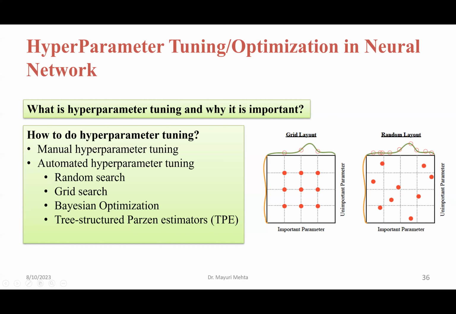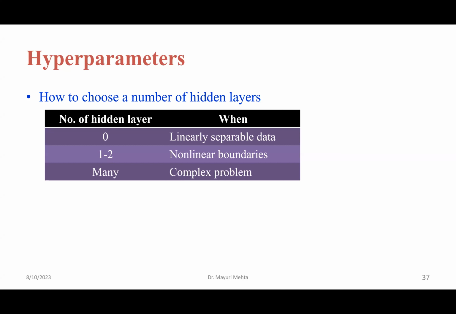One of the hyperparameters that changes the fundamental structure of a neural network is the number of hidden layers. And we can divide the number of hidden layers into three situations: 0, 1 or 2, or many.